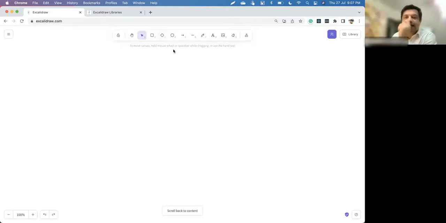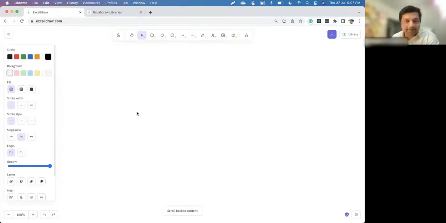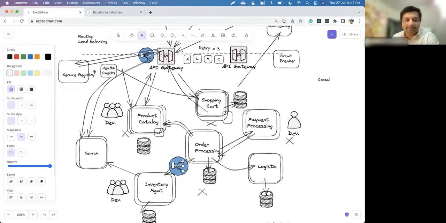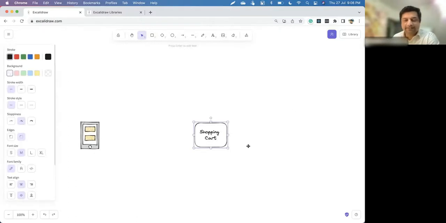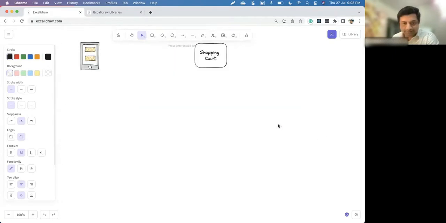See, I will again repeat this. Let's take an example again from scratch. You have a mobile application. You have multiple services. Let me write these services. There is one service which is the shopping cart service. There is one service which is the product catalog service.